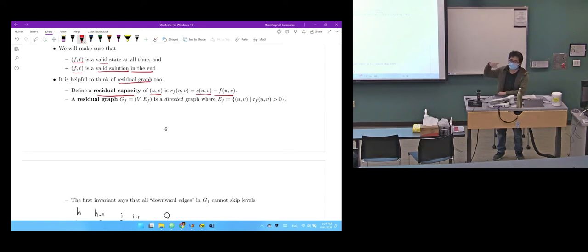It says how much capacity remains to be sent along this edge. And the residual graph is just a directed graph where the edges are the ones with residual capacity more than 0.